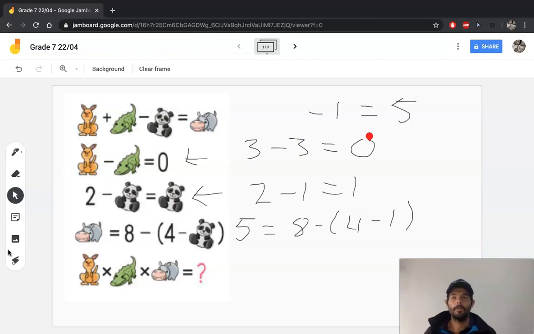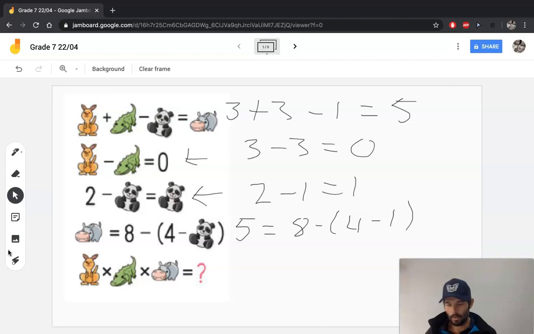Now I could have used any number subtracted from itself there, but then you'd have to see if your numbers worked going throughout the whole puzzle. So I use 3 minus 3 is equal to 0. Then I know that 3 plus 3 minus 1 is 5. So then my 3 minus 3 for my kangaroo and crocodile, I'm expecting it to be correct because it worked in the first line.